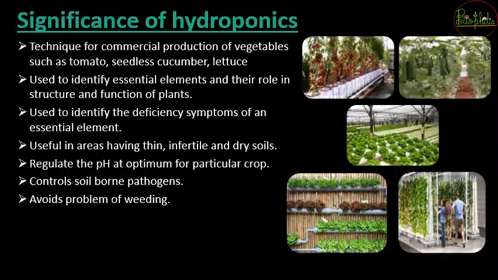So as we have understood the basic technique about hydroponics, अब हम देखेंगे about the significance of hydroponics that have attracted the people towards this soil-free technique. So this technique of hydroponics was used for commercial production of vegetables. So commercial production यानी mass scale पे जब production of vegetables need it to be happen, so that it could meet the needs of this ever increasing population.